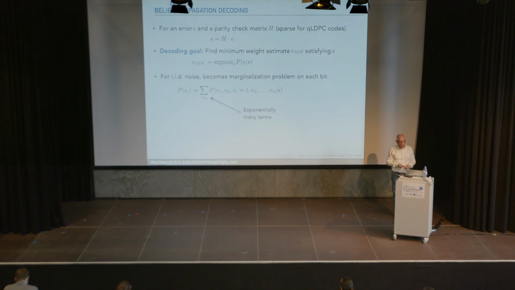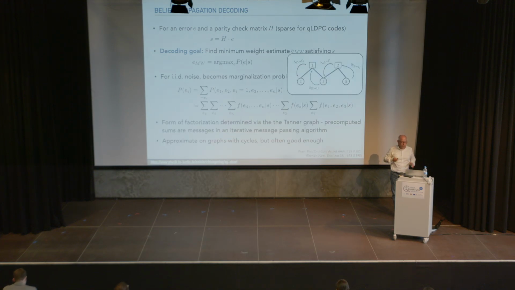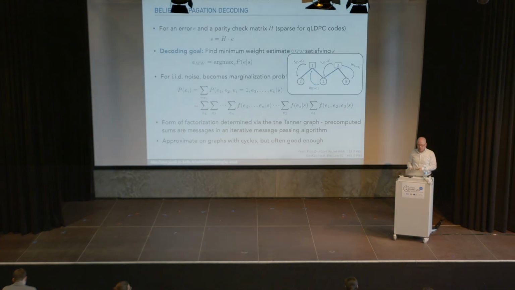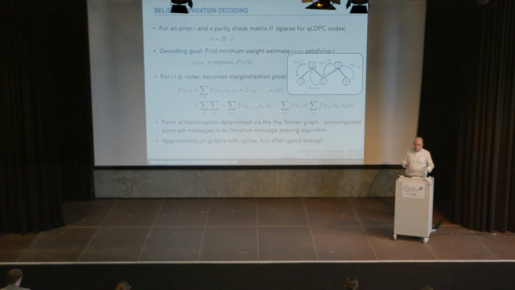The core insight of belief propagation is to use the Tanner graph and make use of pre-computed sums as messages in an iterative message passing algorithm to break down this exponentially large sum into handleable smaller sums that can be pre-computed and iteratively approximately computed through message passing. So that's approximate on graphs with cycles, but it's often good enough.